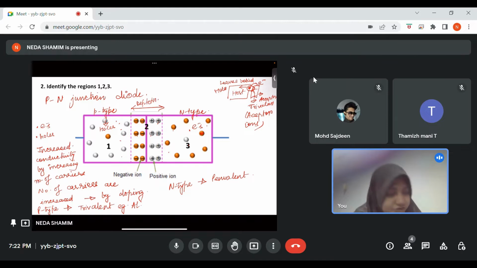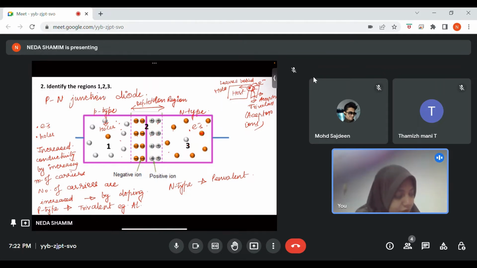Depleted of moving charges. This is a depletion region. That's why we call it a depletion region. So this is the whole structure of a semiconductor diode and how it is formed.